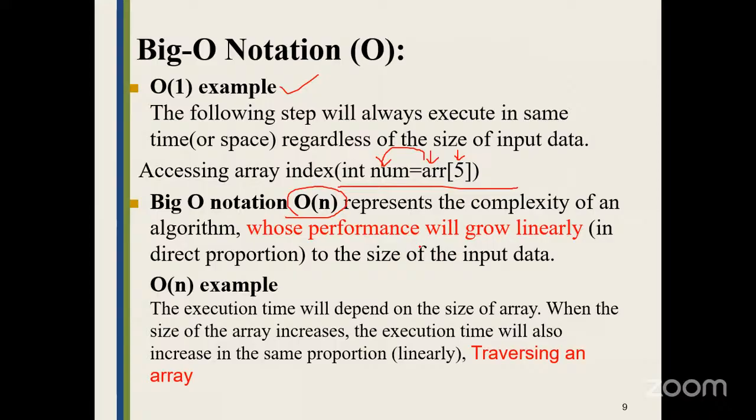Let me give a simple example to understand this point. The execution time will depend on the size of the array. When the size of the array increases, the execution time will also increase in the same proportion. Another example is traversing an array. Traversing is nothing but visiting each and every element. Suppose I have 10 elements in the array. To traverse those elements, it takes 10 seconds, let us say.